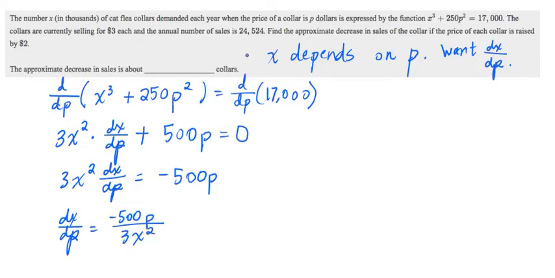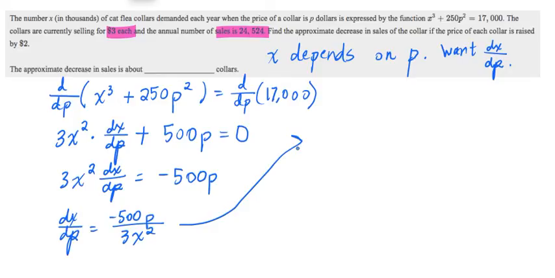Now it says find the approximate decrease in sales, that is, how much is X going to drop on the collar if the price of each collar is raised by $2. And this is at the moment when collars are currently selling for $3 each. So currently the price is $3 each and the sales are this. We're going to plug in those two numbers for X and P to find the rate at which X is changing when the price is 3.